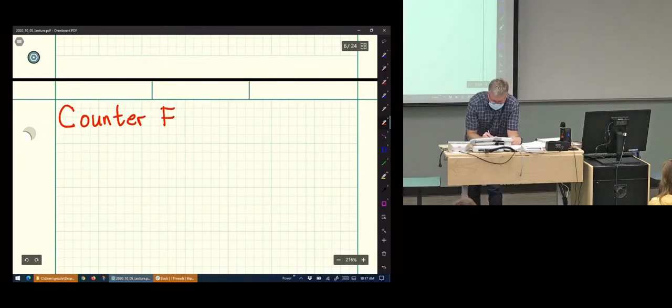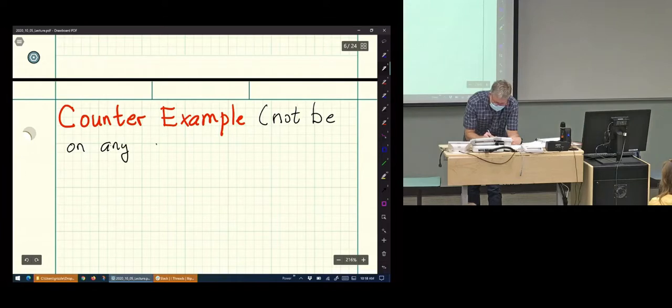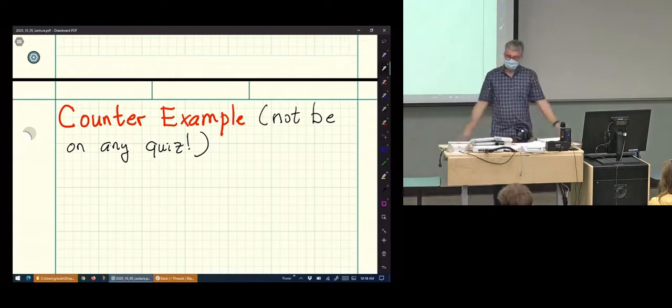It's really bizarre. And this will not be on any quiz or anything, okay? Counter examples are almost like proofs, okay?